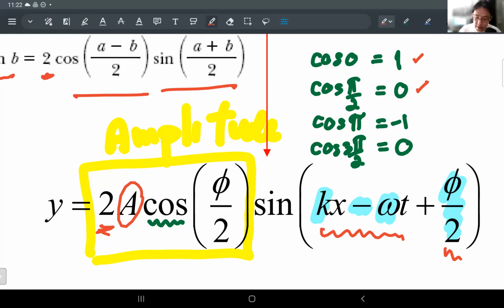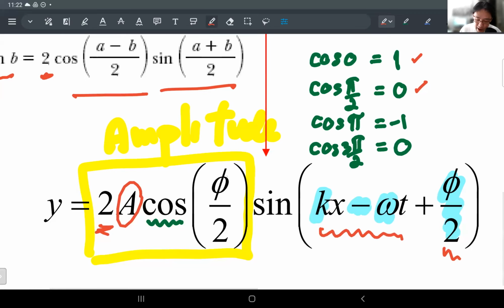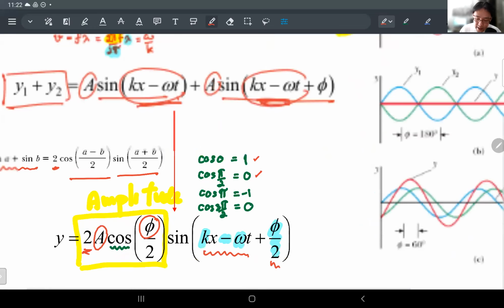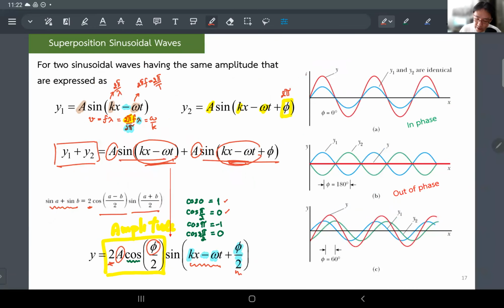So what does it mean if you pick phi to be 0? That is your first case right here, guys. When you pick phi to be 0, that means the two waves are exactly the same wave.